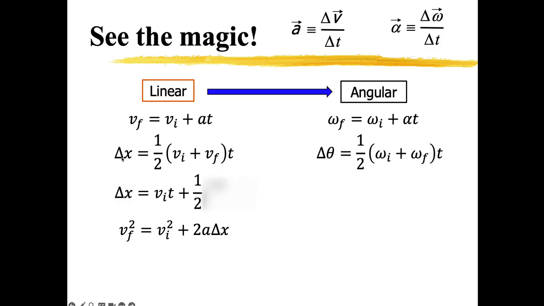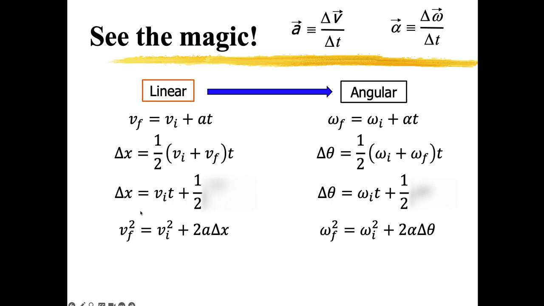Again, instead of delta x, the change in position, this is the change in angular position, the angular displacement, equals 1/2 the sum of the omegas times the time. Instead of x, I have theta. Instead of v, I have omega. Instead of a, I have alpha. All of my kinematic equations still exist in the angular space.